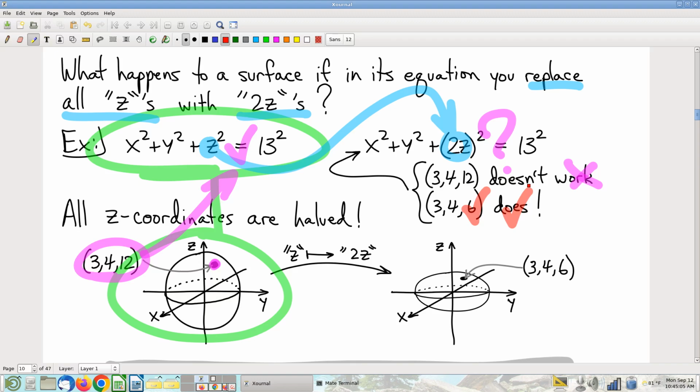So this point works. And the net effect, you notice, is that the point that had been at height 12 now is at height 6. This applies to any point. Whatever that z-coordinate is, it's going to get cut in half. And so I claim that this blue algebraic move, replacing every z with 2z, squishes the surface by a factor of 2 in the z direction. Does that make sense?